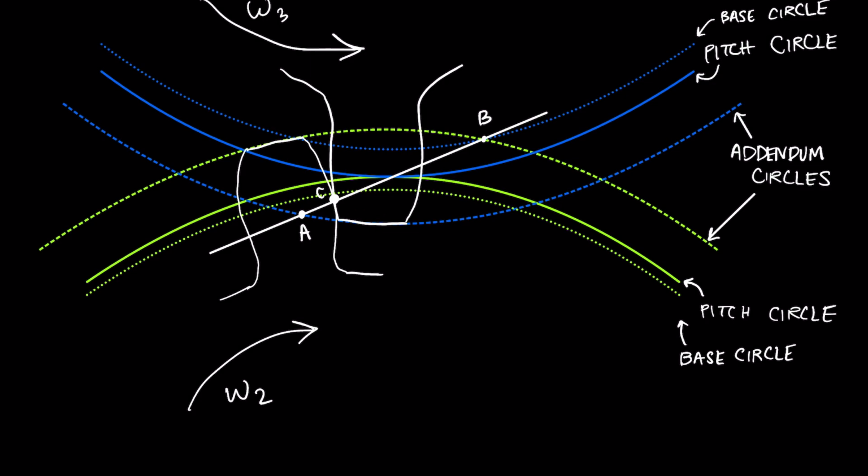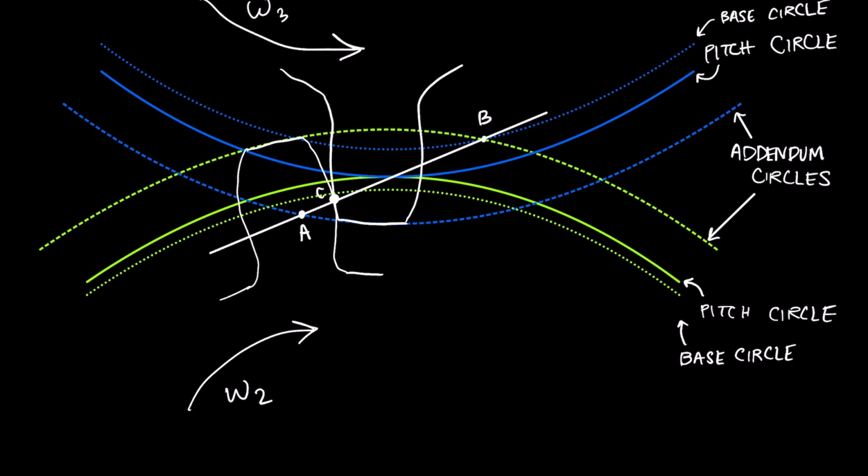So contact is occurring below this base circle of gear 2 and on the non-involute portion of the flank. And so the effect of this is that we start to get some wear, and the mating tooth will start to kind of dig out the material on this portion of the gear. The same thing will happen when the teeth leave contact. Contact should end at a certain point, but it actually extends a little bit further than that.